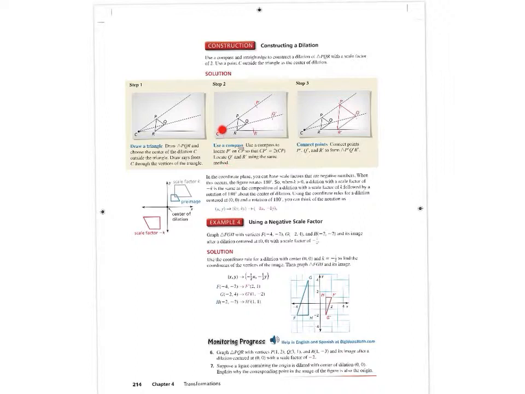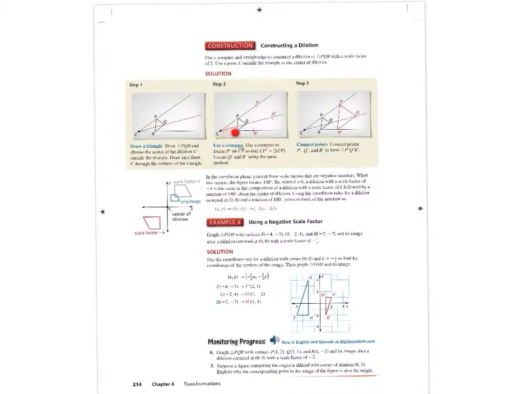So you would line up the center of your compass here, measure the radius to P, and then double that distance. So you want to measure that using your compass, and then double that length so that you make a mark at P prime. And then measure your distance from C to Q, doubling it to create your mark at Q prime.